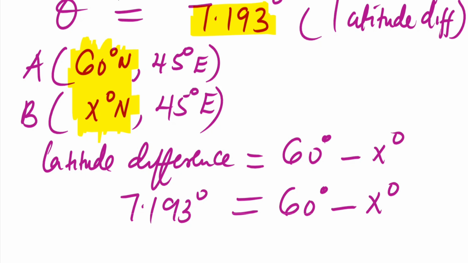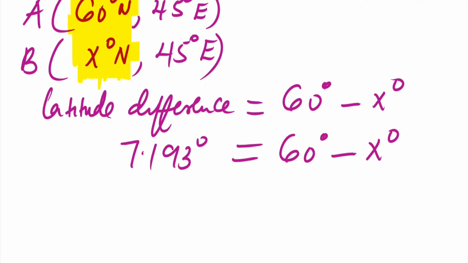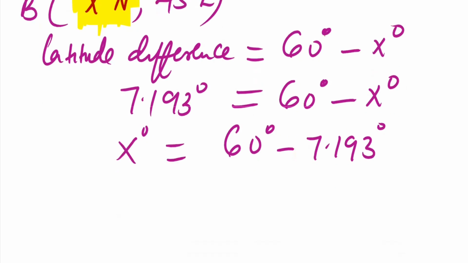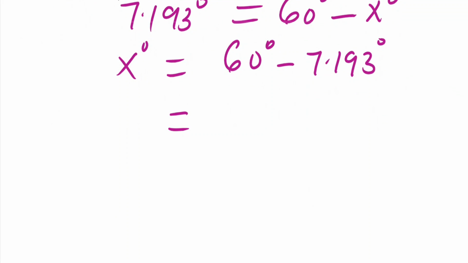So we are looking for the latitude at B, and this will be x degrees, given by 60 degrees minus 7.193 degrees, and therefore this gives 52.81 degrees. So that is x.